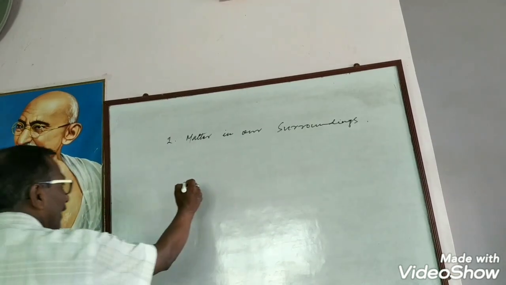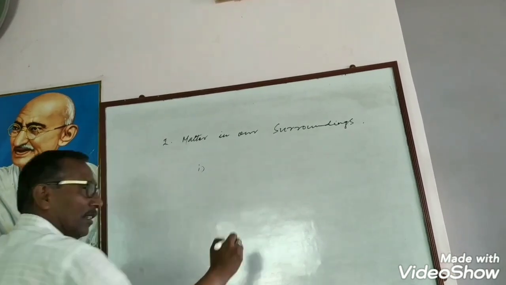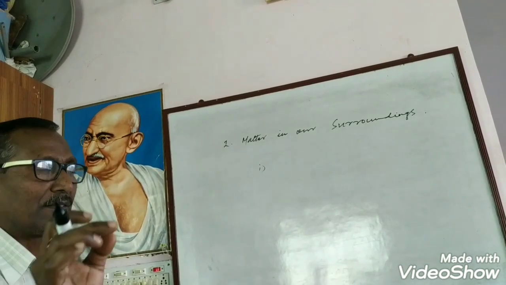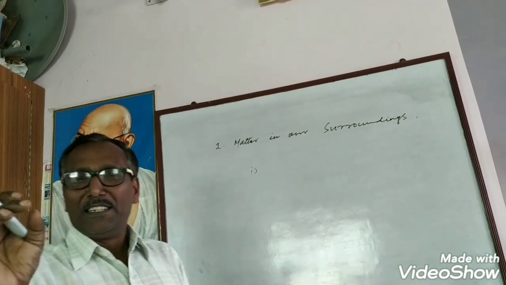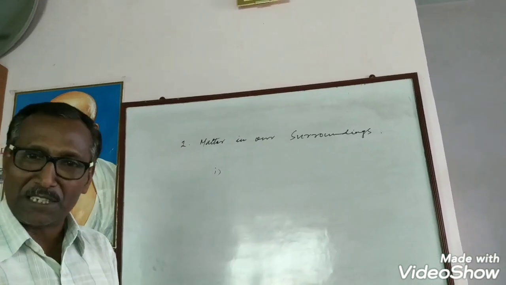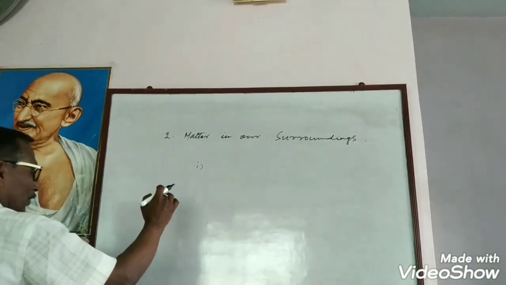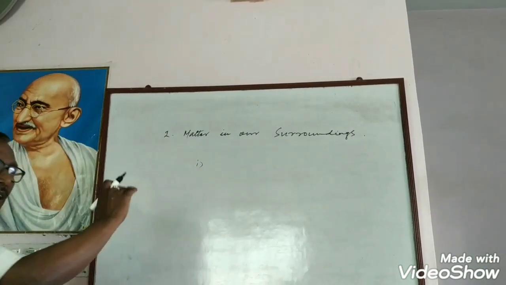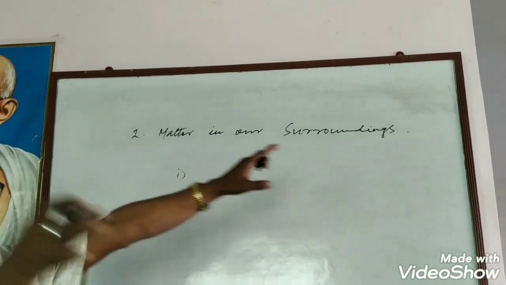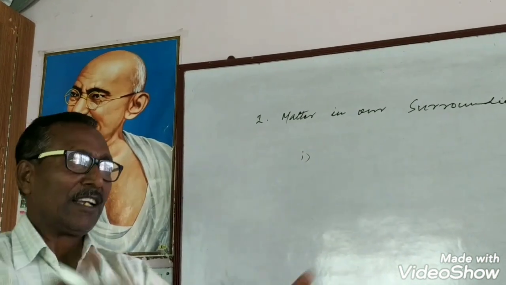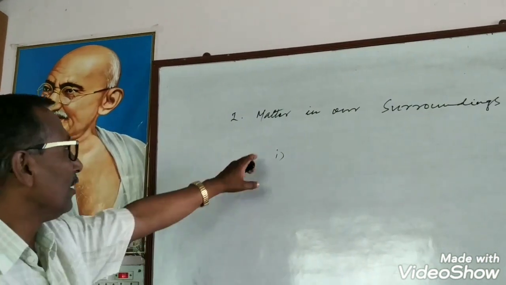One, it occupies some space, and two, it has some mass. Two things common. That's why all the things that we are looking at or around us, they are all matter.